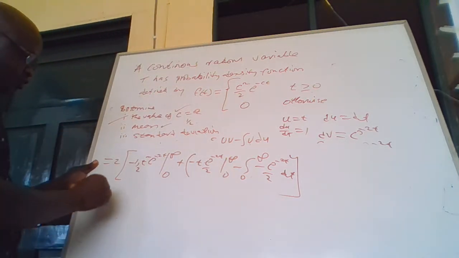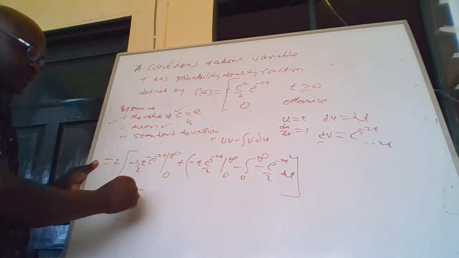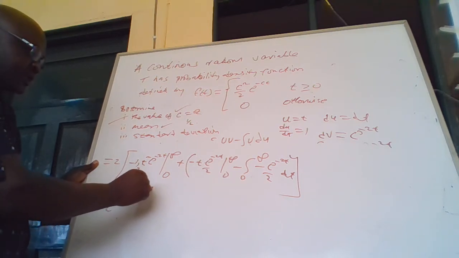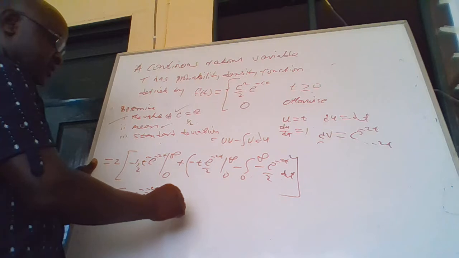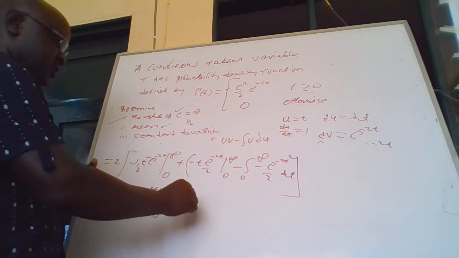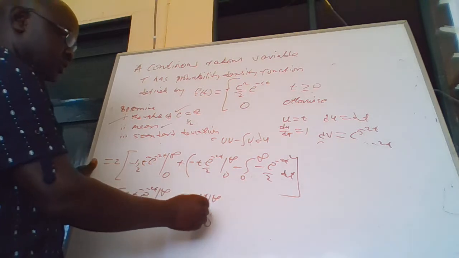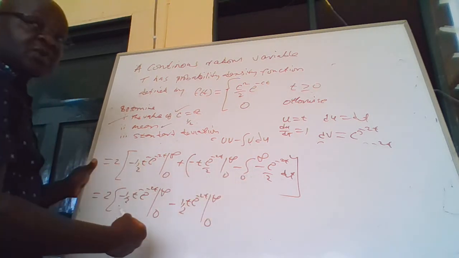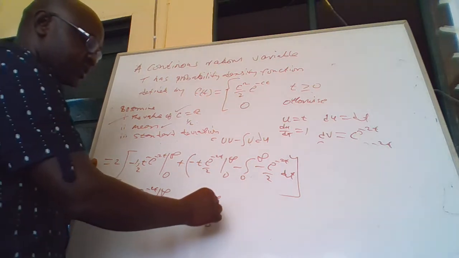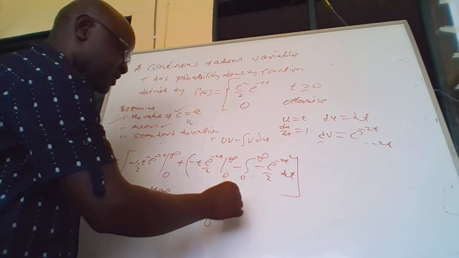So this equals 2 into minus a half t squared exponent minus 2t, then here to be minus a half t exponent minus 2t, then minus and minus will be positive, and then we take out 1 all over 2 because it's a constant, plus 1 all over 2, then we have the integral.